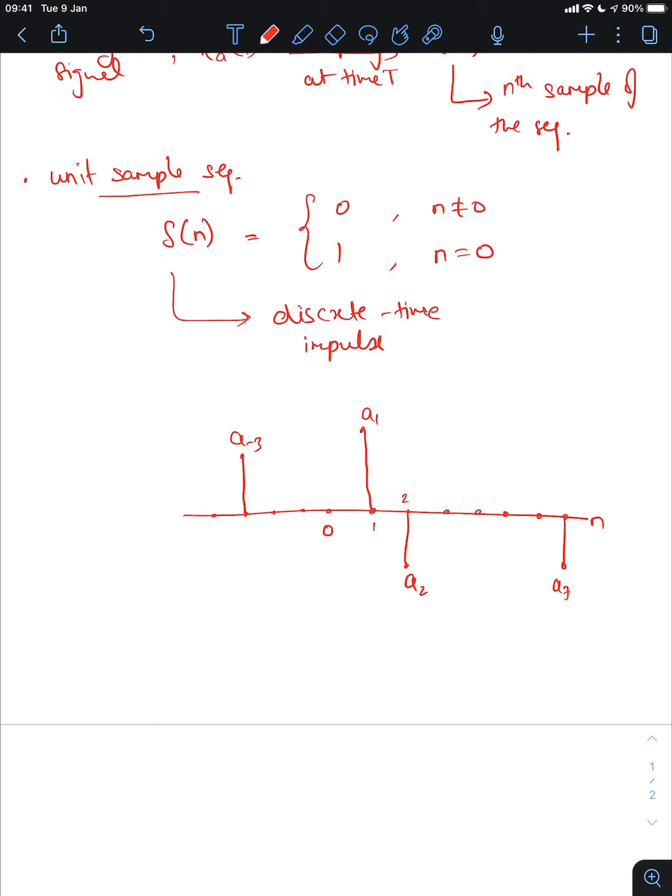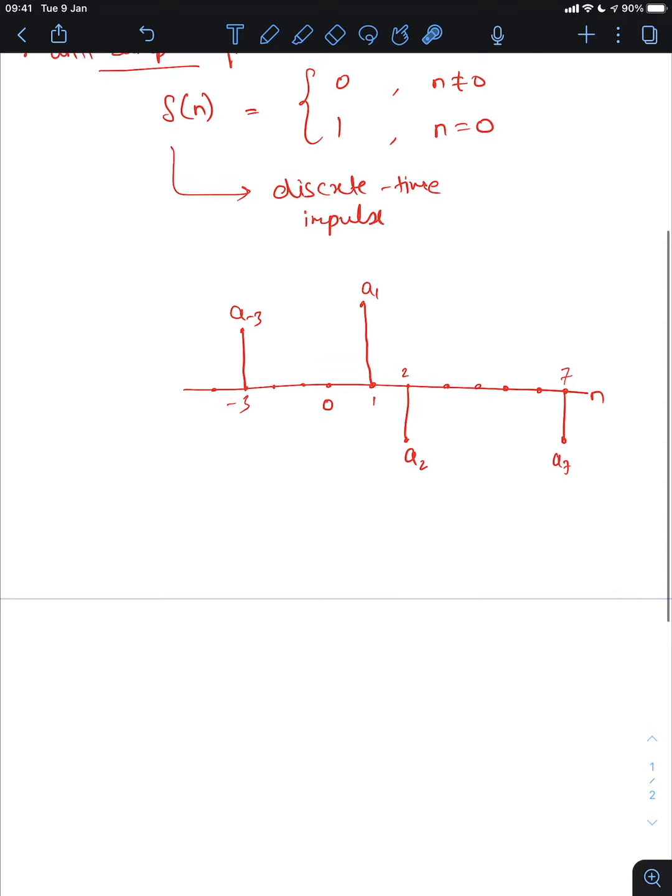We have the x-axis n as a discrete time axis 0, 1, 2 up to infinity, and at n equal to 1, the value of the signal is a1. Here it is a2, and at the 7th sample we have the value a7. Similarly, at the sample minus 3, we have the value a minus 3.